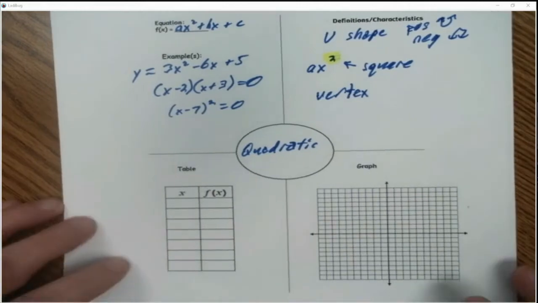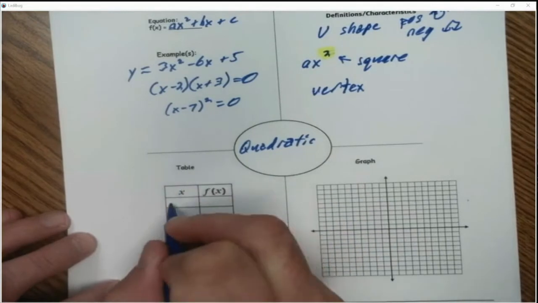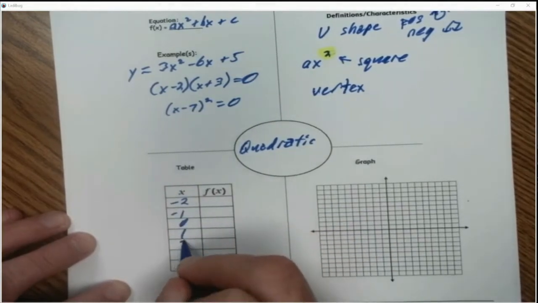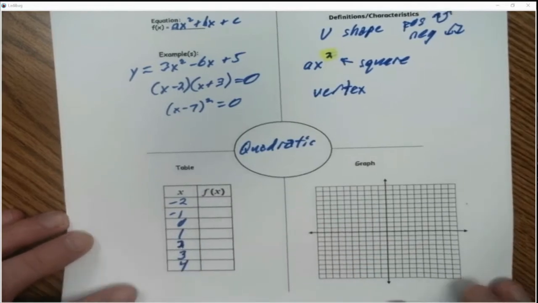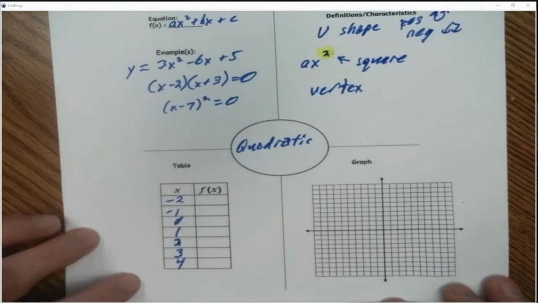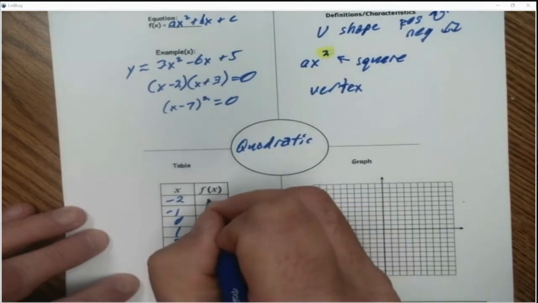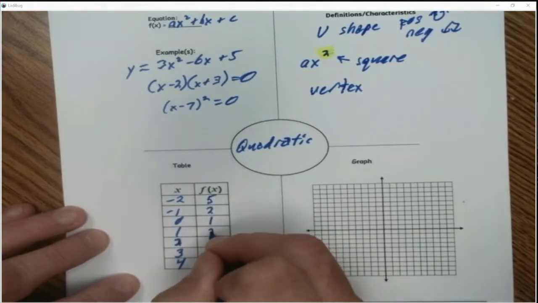Let's see. So a table for our parabola. Let's go ahead and do the same numbers: 0, 1, 2, 3, 4. And let's say that our numbers over here are going to be 5, 2, 1, 2, 5.